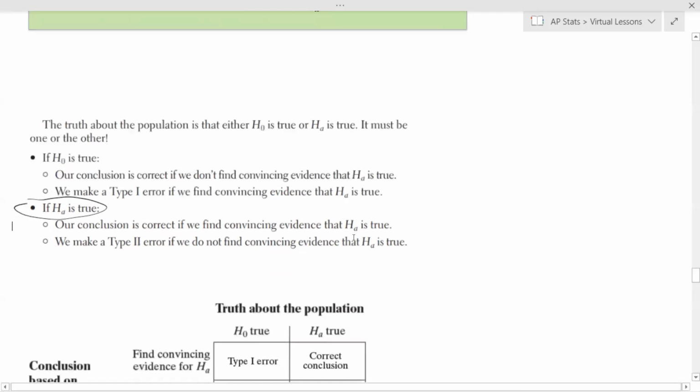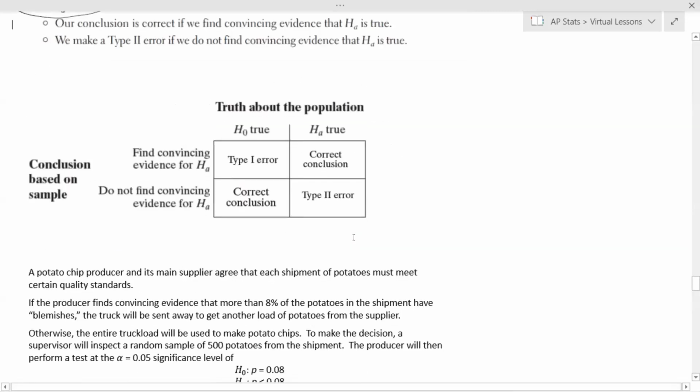So here's a little chart that helps us organize everything, because that's a lot to keep tabs on. This basically illustrates those four situations. If you find convincing evidence for the alternative, but in the population the null is true, then you made a type 1 error.